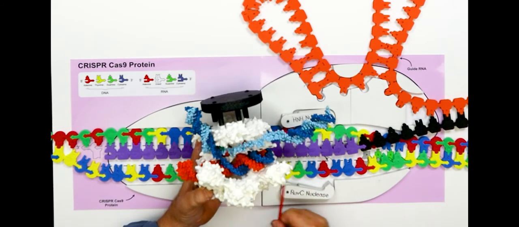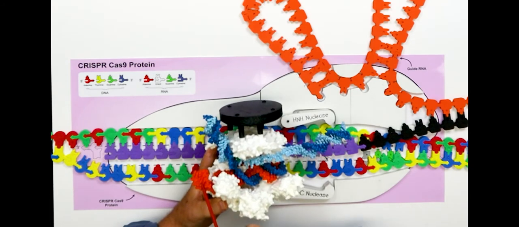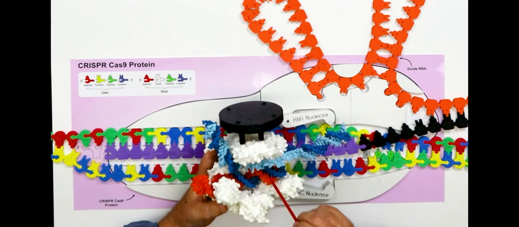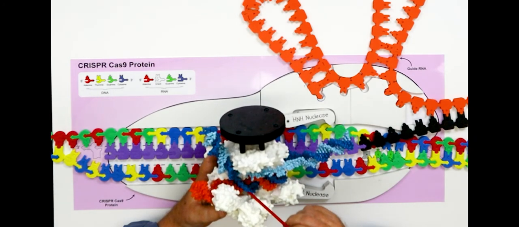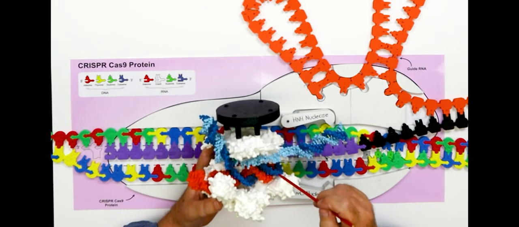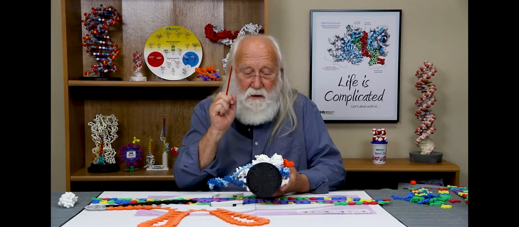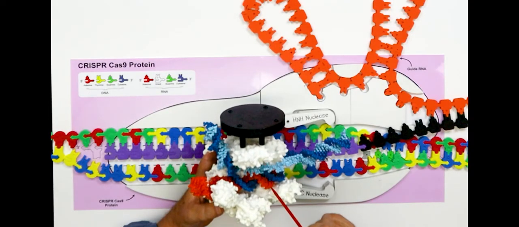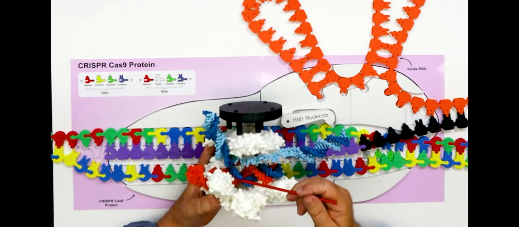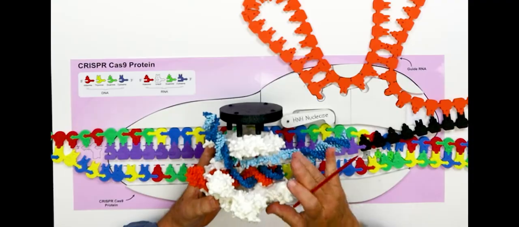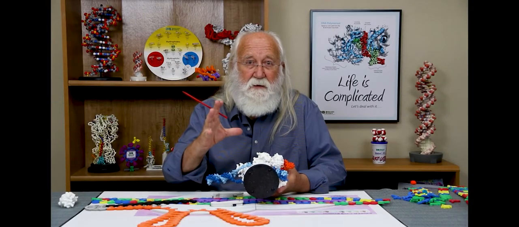And it has bound this orange guide RNA in such a way that the end of the guide RNA then attempts to base pair with the target strand, the dark blue strand of DNA here. And only if it can form perfect Watson-Crick base pairs with that dark blue strand over a 20 nucleotide long sequence will this enzyme become active.